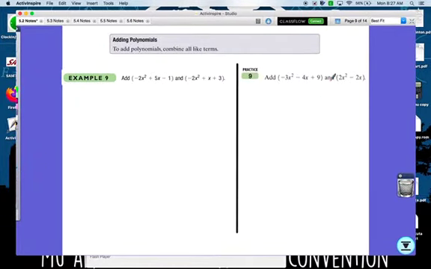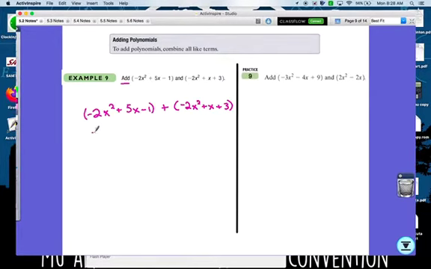All right, adding polynomials is exactly the same thing. We just have it written out differently. Okay, it tells us to add these two. We've got negative 2x squared plus 5x minus 1 plus negative 2x squared plus x plus 3. If it's just adding, we don't need the parentheses.